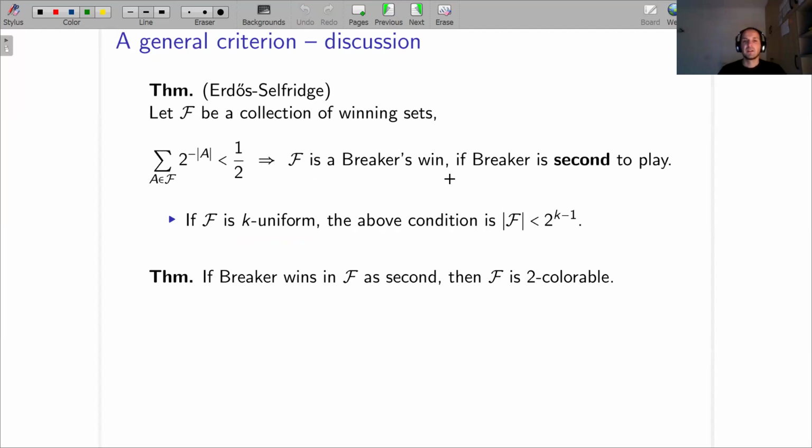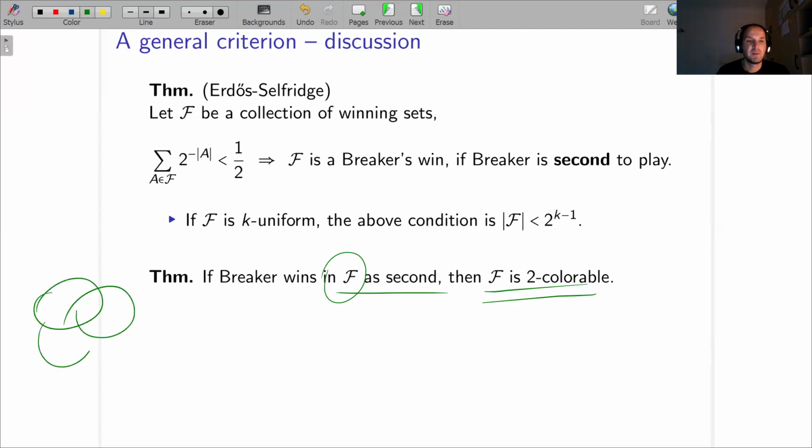So if breaker wins a positional game as second, then F is automatically 2-colorable. Why is that? Well, breaker as second can break into every set. That means that if you look at the game, breaker as second will be able to claim one element in every one of the winning sets.